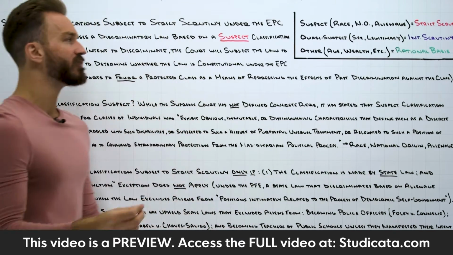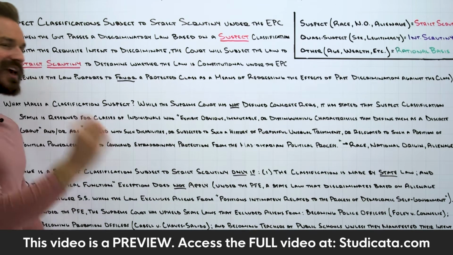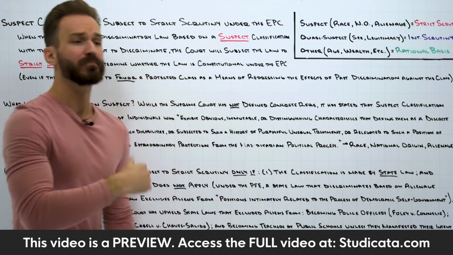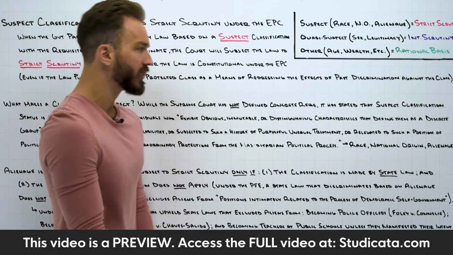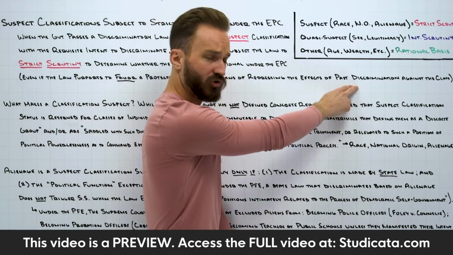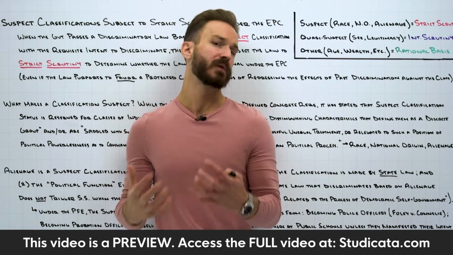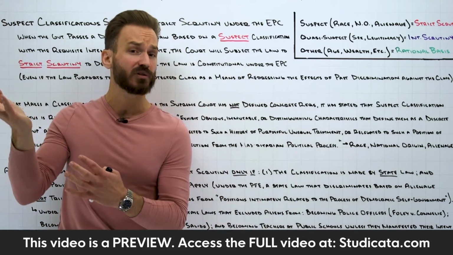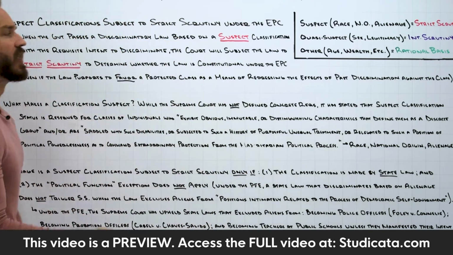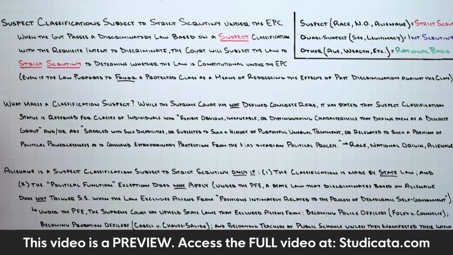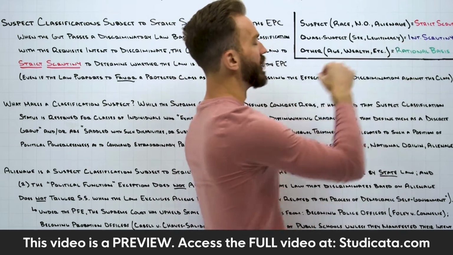And how is the government going to provide a compelling justification when they're intentionally discriminating and placing a burden on a protected class of people that have historically been subjected to discrimination? It's almost impossible that the government's going to be able to provide a justification for doing that. And that's why in almost all cases, those laws will be struck down in violation of the Equal Protection Clause when we're applying strict scrutiny.